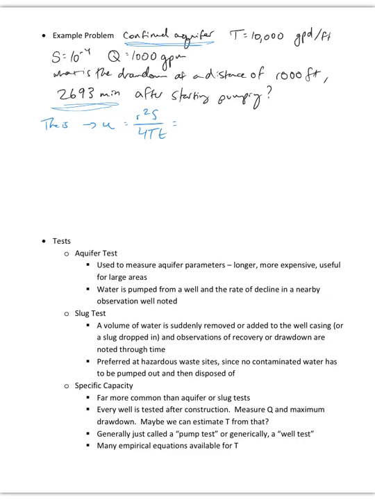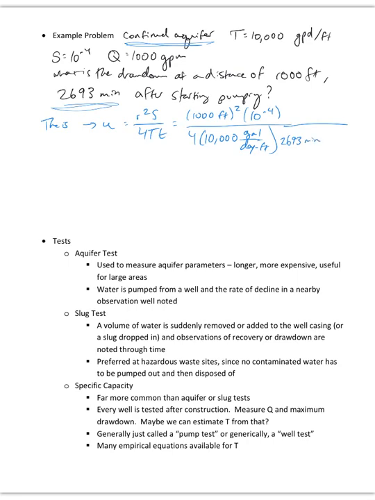So r is 1,000 feet, square that, times the storativity, 10 to the minus fourth, divided by 4 times the transmissivity, 10,000 gallons per day foot, multiplied by the time, which is 2,693 minutes.